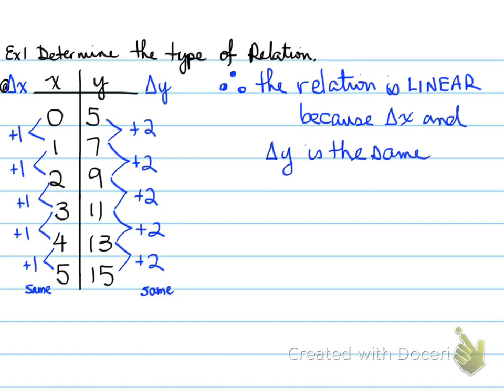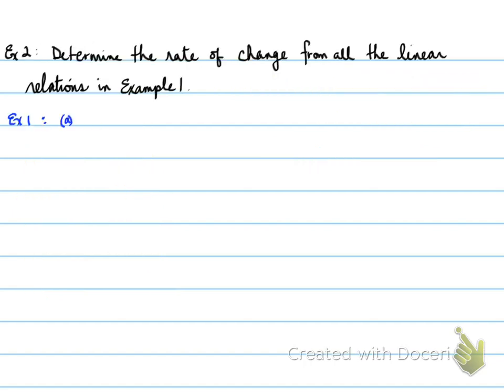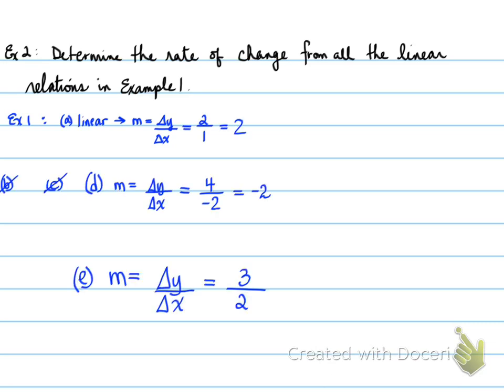All right, let's go back to the example 2 page. We knew that A was linear, and we know that slope, m, is equal to delta y over delta x. So what were our values for delta y? Well, delta y was 2.